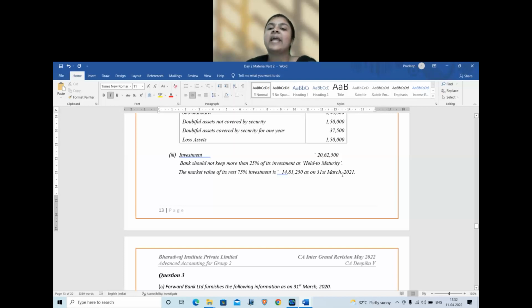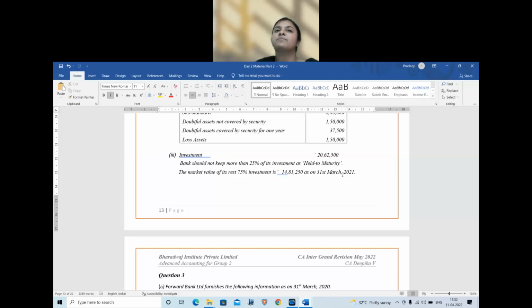Investment is 20,62,500, of which the bank should not keep more than 25% of its investments held to maturity. Market value of the balance investments is 14,81,250.